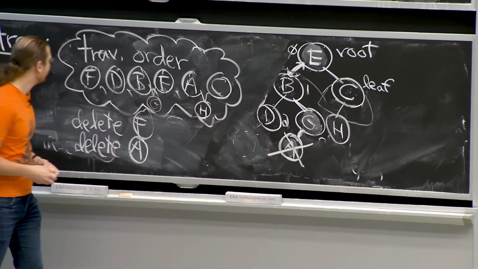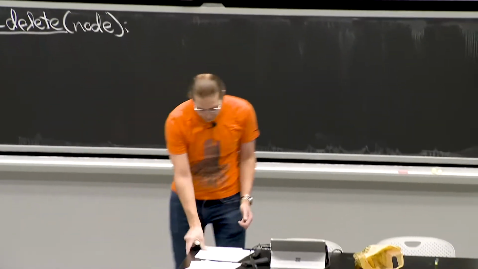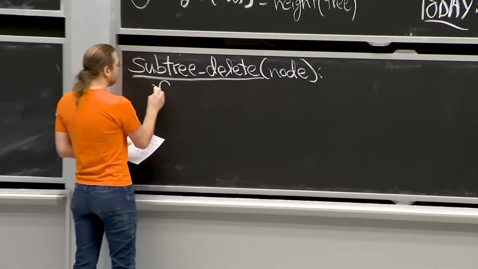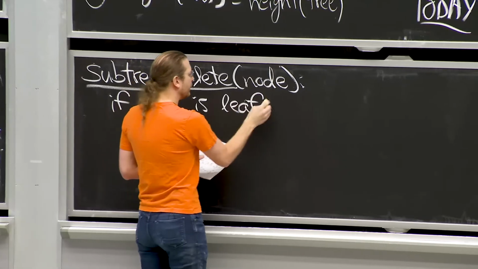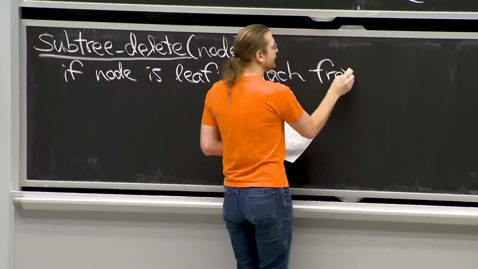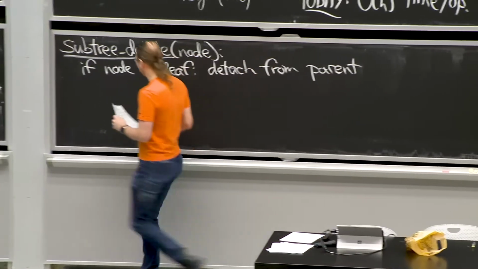Okay, so that's what we're going to follow. Now, in actuality, it's a little tricky. Sometimes we need to use predecessor, sometimes we need to use successor. Okay, so the cases are, if the node is a leaf, just detach it from the parent, easy. That's sort of our base case in the recursion.